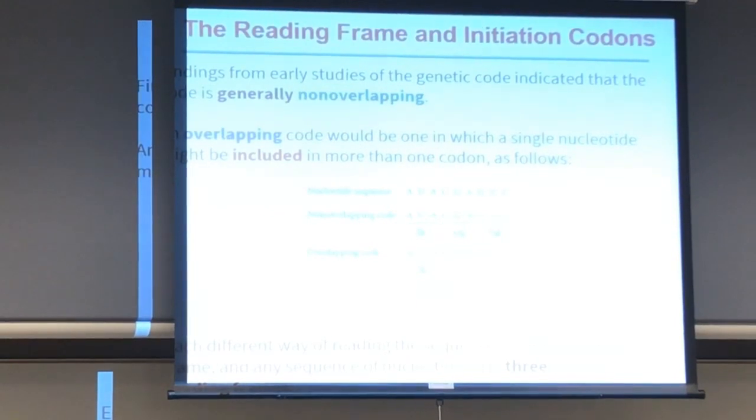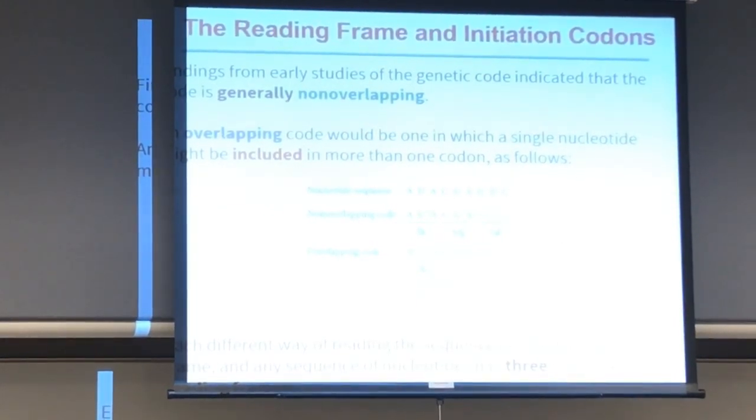Instead of just creating 3 amino acids from the 9 nucleotides, it finds a way by reading the second set of 3 nucleotides and giving rise to different amino acids. Is that clear, guys? If the first nucleotide is skipped here, you can create 3 different amino acids. If you skip the first and second nucleotide here, you can create 3 different amino acids.